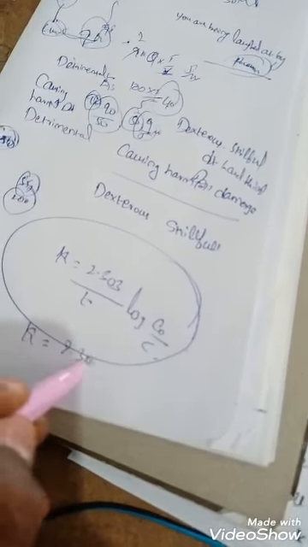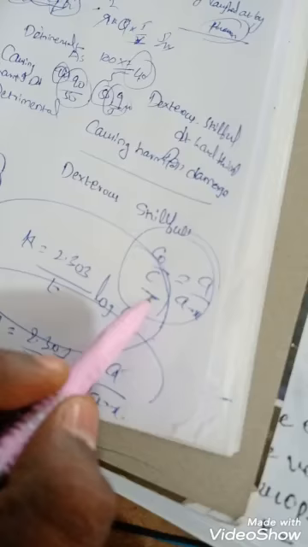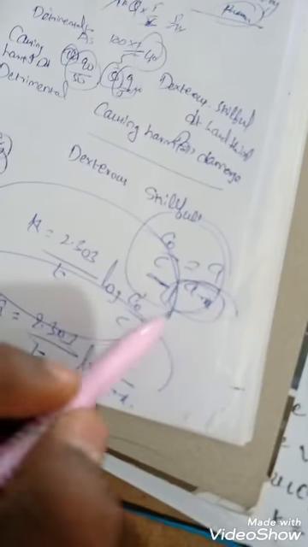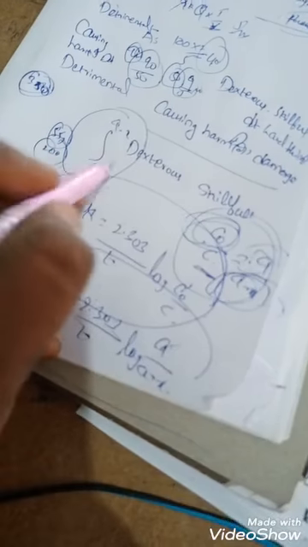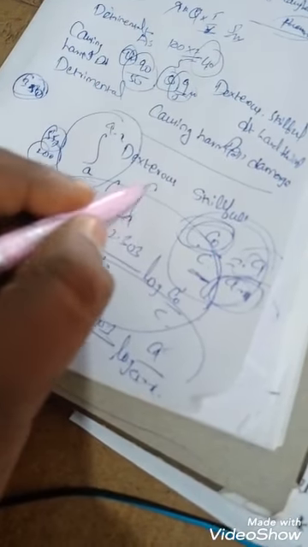A is the initial concentration and A minus X is the concentration at time T, so we substitute A minus X in place of C.